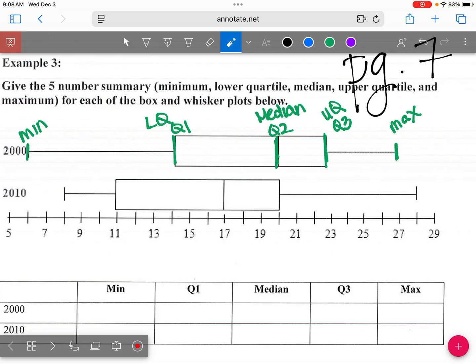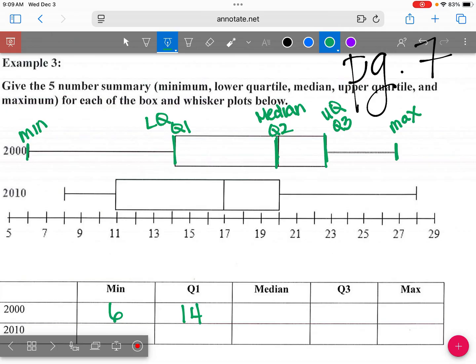And then what would be my lower quartile or my Q1? So this is 6, because if you look at the number line, this comes down to be about 6 here. This looks like it's what? I would say 14 for Q1.